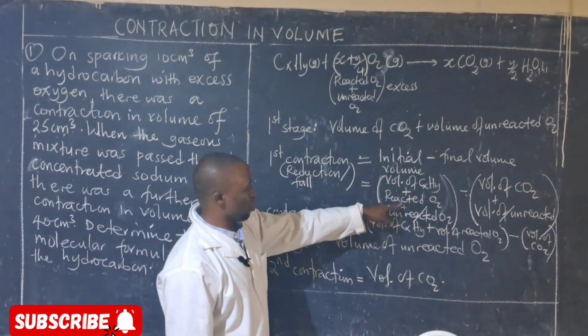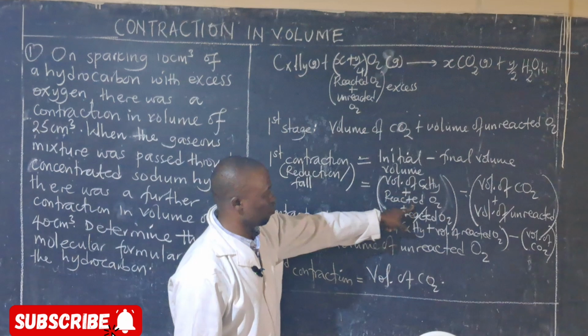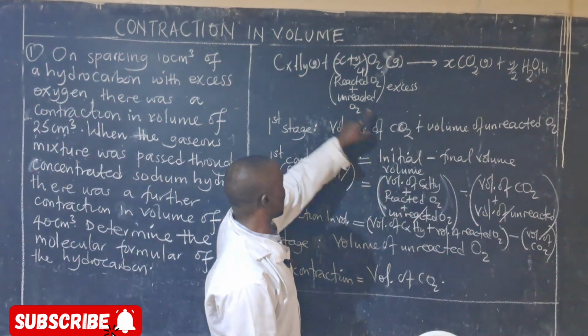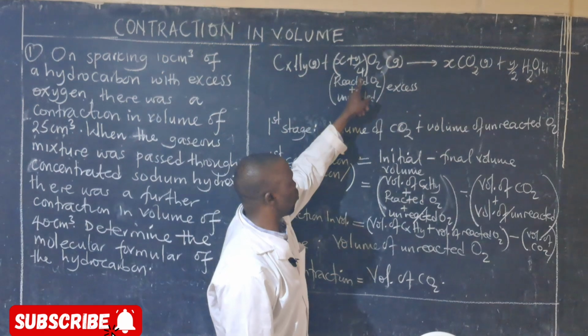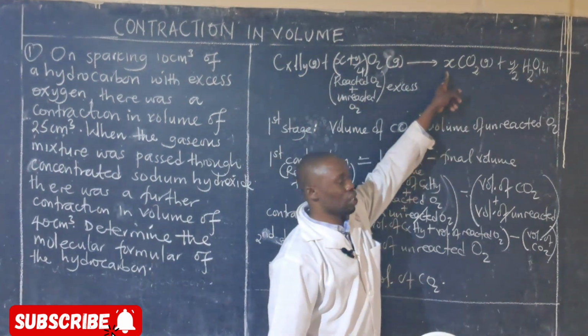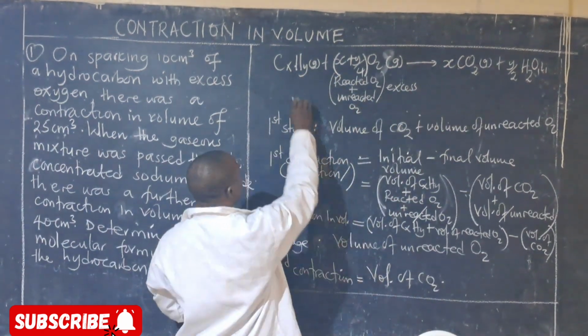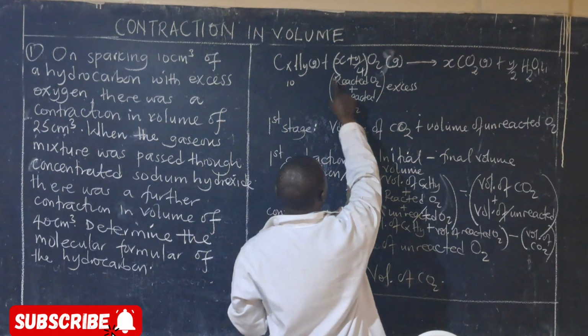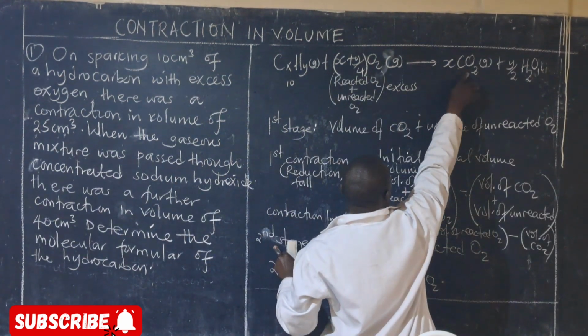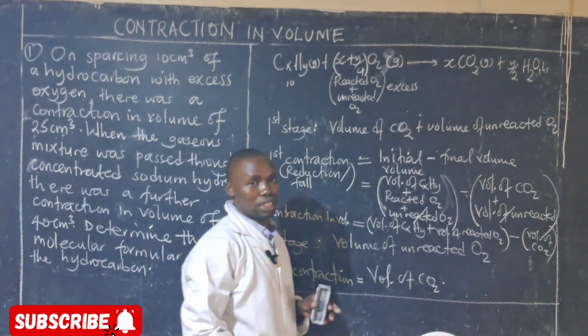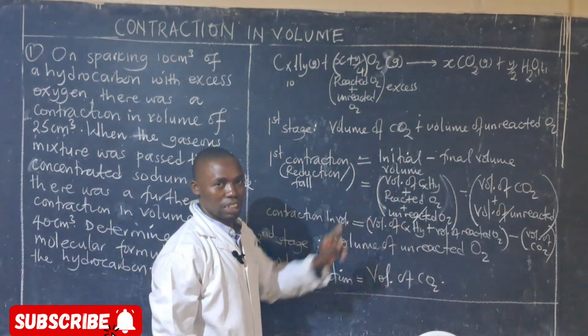But now we are going to get the volume of reacted oxygen and volume of carbon dioxide by the reacting mole ratio. If the hydrocarbon is 1, then reacted oxygen is x plus y over 4, and carbon dioxide is 1 to x. So in case I have here 10, this would be 10, reacted oxygen will be 10 times x plus y over 4, and carbon dioxide will be 10x. So that's the simple theory that we are going to be using in this calculation.